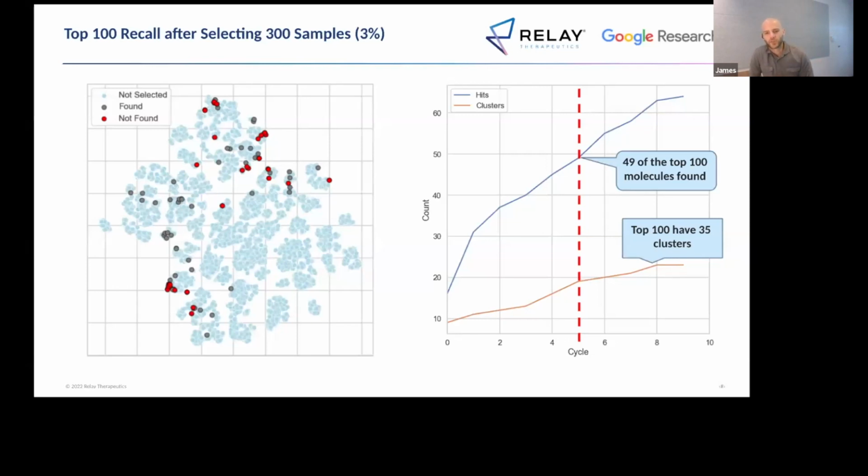So to test that, we clustered the top 100 molecules and it came out to 35 clusters, and then tracked how many of those clusters had a molecule that was retrieved by the active learning process. So 19 out of the 35 or so were recovered after 5 cycles, which was a good sign that the model and the active learning process wasn't just getting stuck in a local minima or local maxima and hammering the same molecule motif.